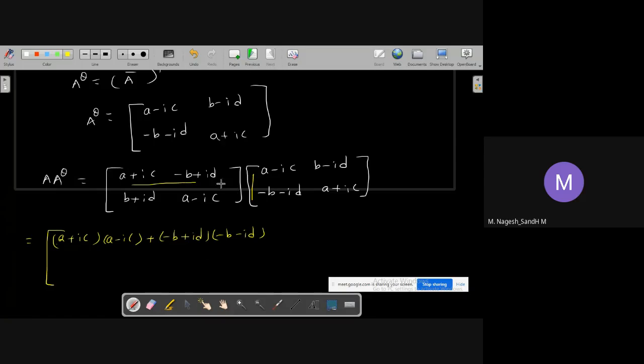First row into second column: a plus ic into b minus id, plus minus b plus id into a plus ic.